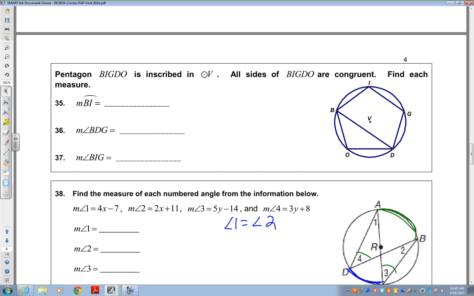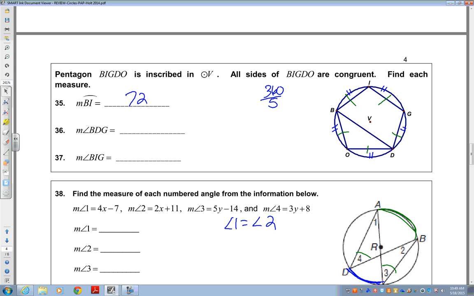If all sides are congruent, then the intercepted arcs are also going to be congruent. So this should be real simple. Yeah, there's a simpler way than that, Josh. 72. Thank you. 360 divided by 5. Yes, 72. I don't need to make an equation.